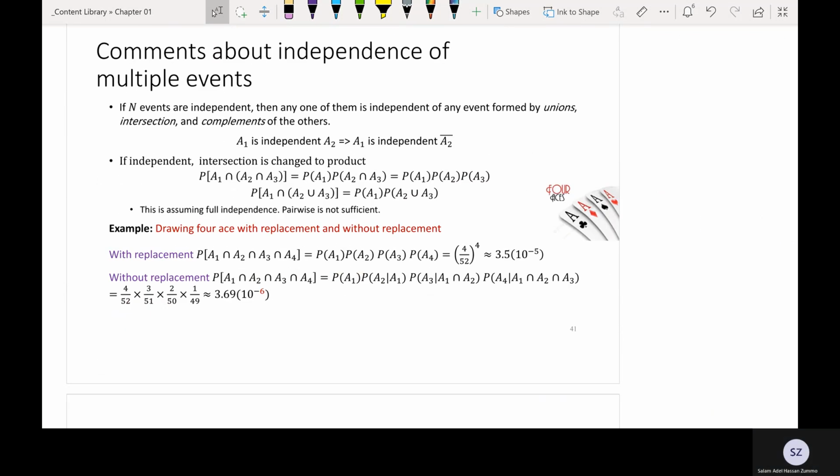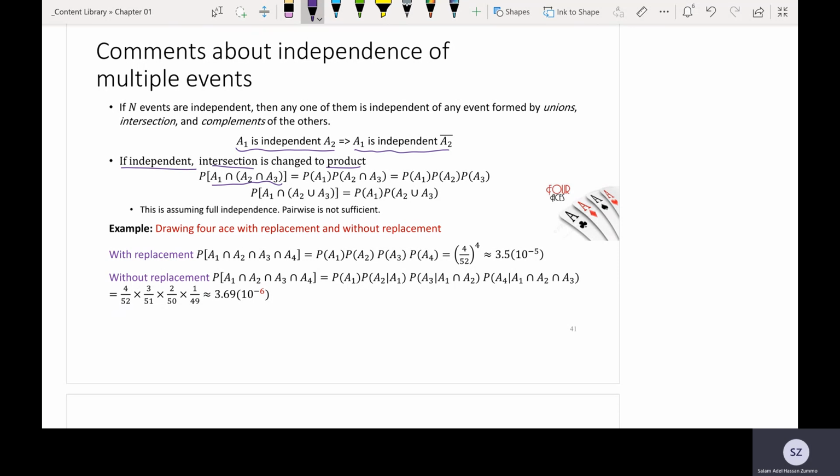Any questions? Okay. We said that before. If A1 is independent of A2, then A1 is independent of A2 complement. And we verified this and even proved it. Now, in general, if two events or three events or four or five or whatever are independent, then the way we write the probability of A intersect B, the intersection changes into a product of probabilities.